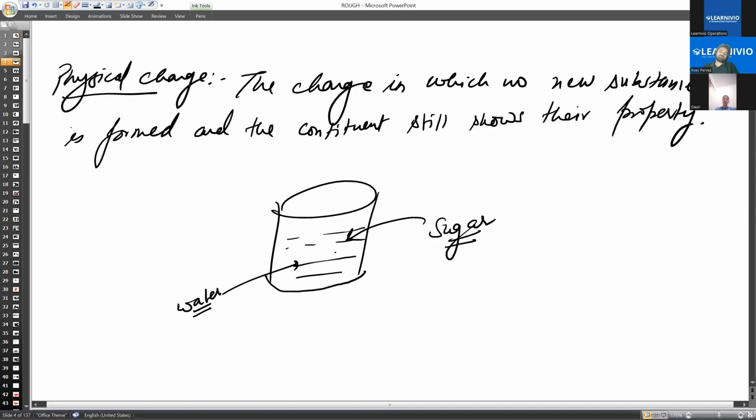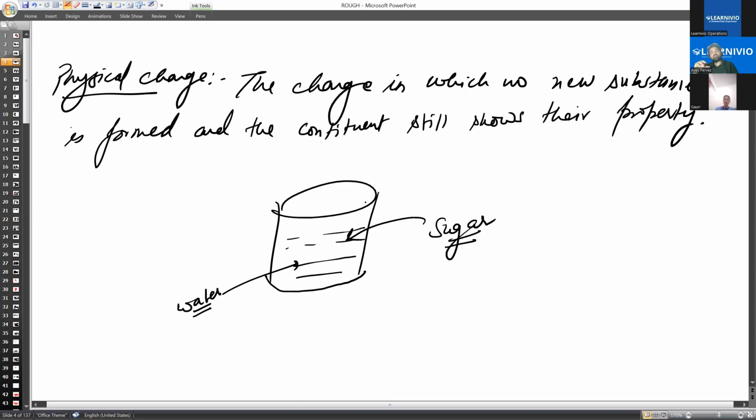When you take a sip, you will feel it is sweet. Will you feel you are drinking milk? No. You will simply say it is water with sugar.